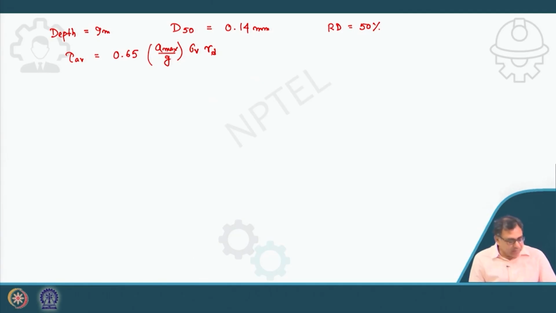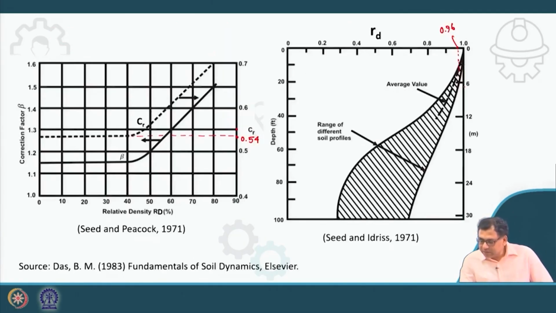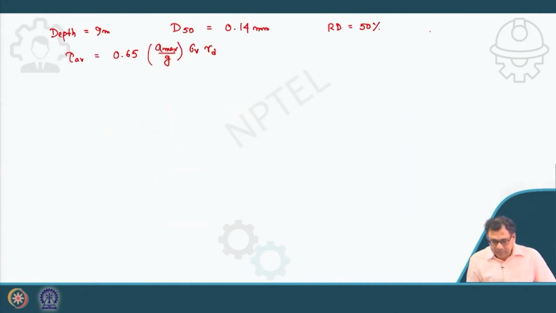What is the RD value? Again you calculate. It is now 9 meter, which is here, so RD will be around 0.89. So RD is 0.89 for these two cases that I have considered.